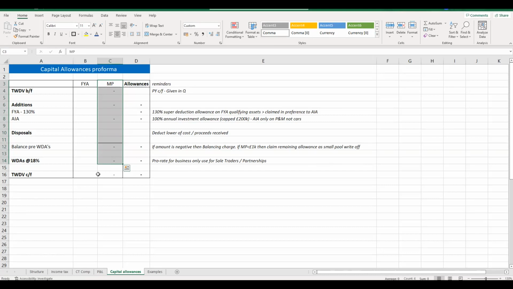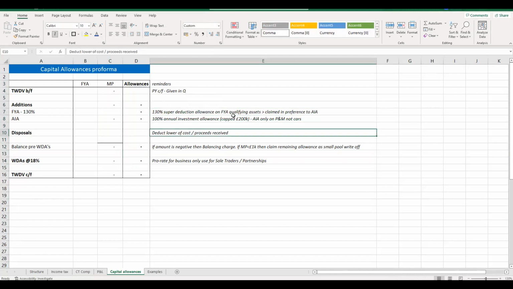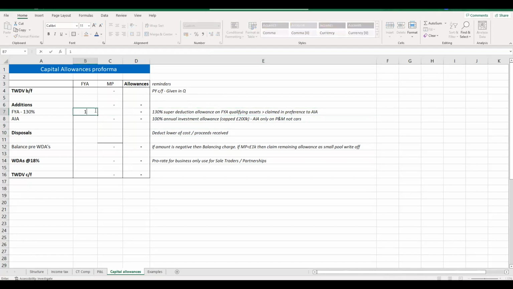And the second one is actually a new tax rule in the current year, and it's known as the super deduction. So it forms part of your first year allowance of qualifying assets. Quite importantly here, though, this doesn't apply to cars. But what this super deduction means is that, let's say you as a business incurred a cost of £100,000, you actually get 130% of the cost of that asset as your allowance.